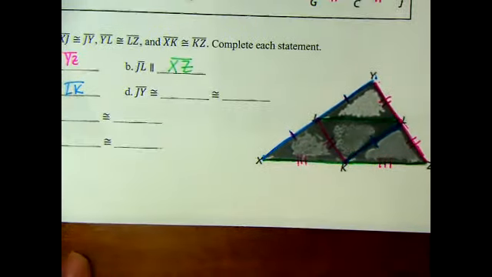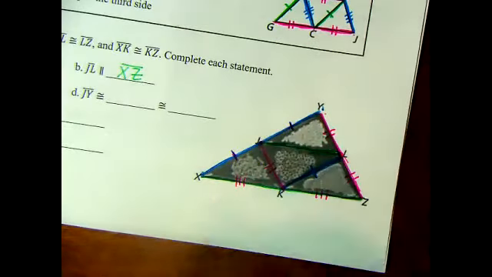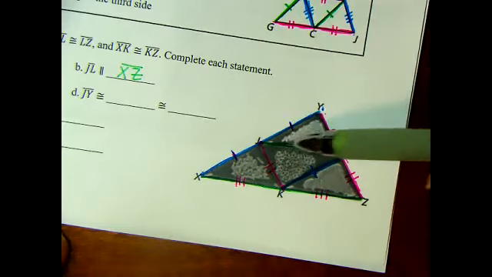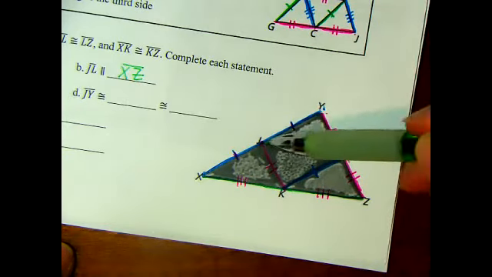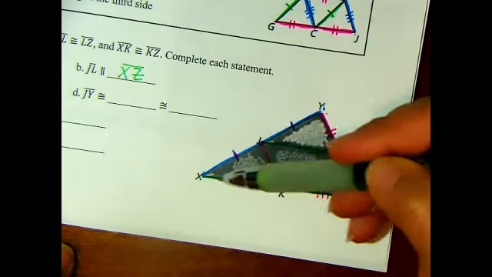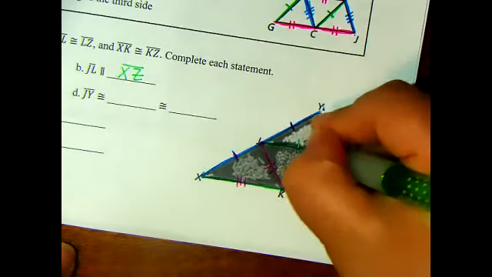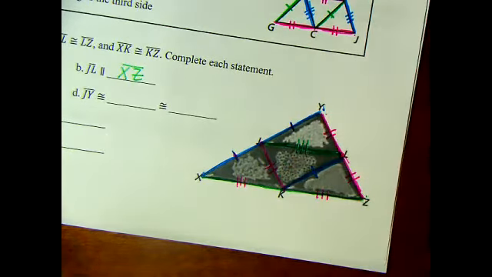It's a little hard to see, I know that, guys, with the congruence marks. And thirdly, if JL is parallel to XZ, that means that JL is going to be congruent to XK and KZ. So this is 3 congruences to match those 3 right there.